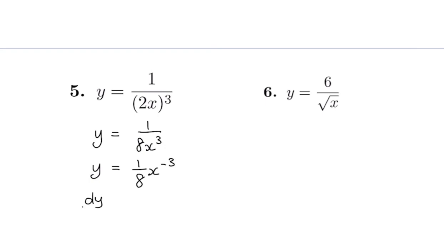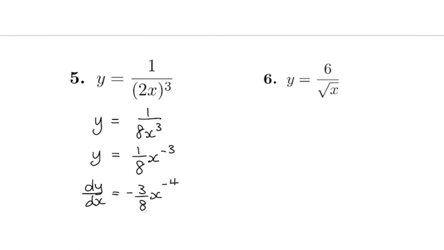And then we can differentiate it. Multiply the power by the coefficient, so we get negative 3 over 8, and negative 3/8 x to the negative 4. And again, you could write that as negative 3 over 8x to the power 4.